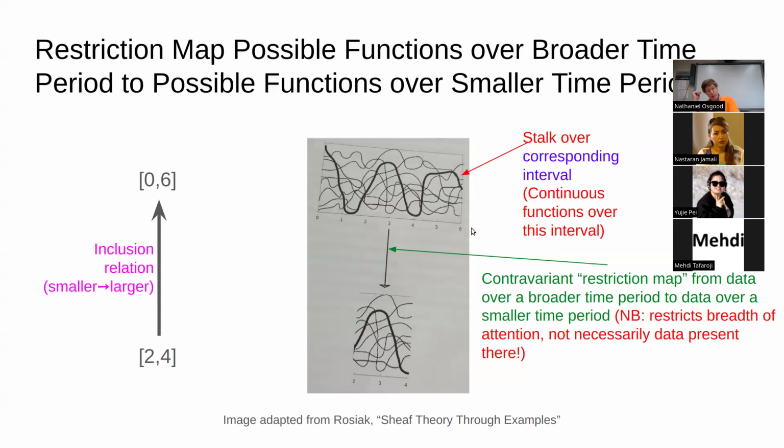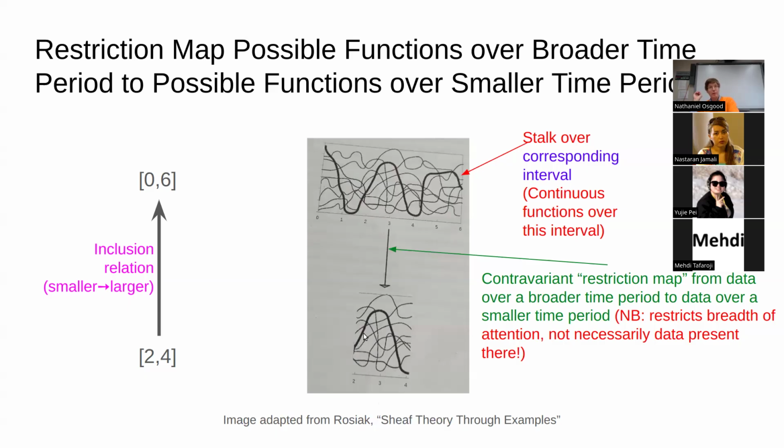So to put it another way, crudely, if there's a function that's discontinuous over this broader interval, it might still be continuous over this interval, right? So maybe there's a discontinuity at time 1 in some function. It wouldn't qualify to be in the set of continuous functions over 0 to 6, but it could still be in the subset from 2 to 4.